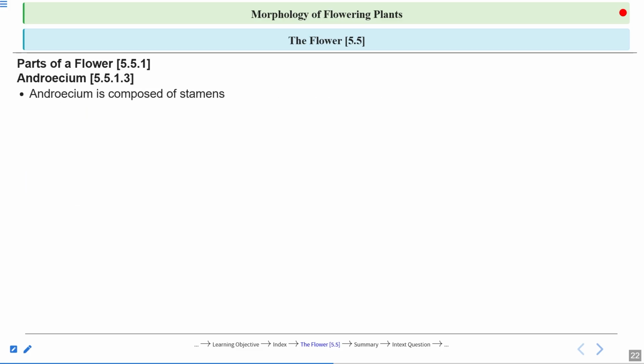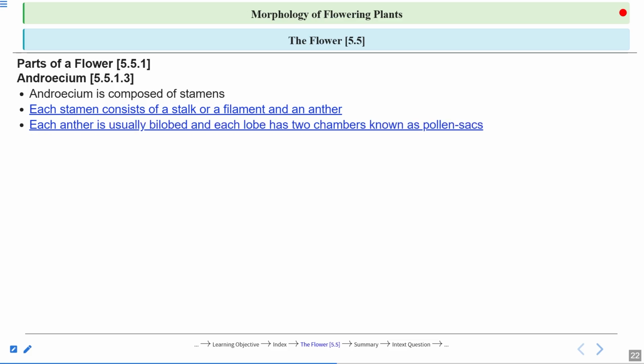Now we will talk about the androecium. Androecium is composed of stamens, right? Each stamen consists of a stalk or a filament and an anther. So they are stalk-like structures. They have the filament, and at the top or distal end of the filament, they have the anther, right? Each anther is a bilobed structure.